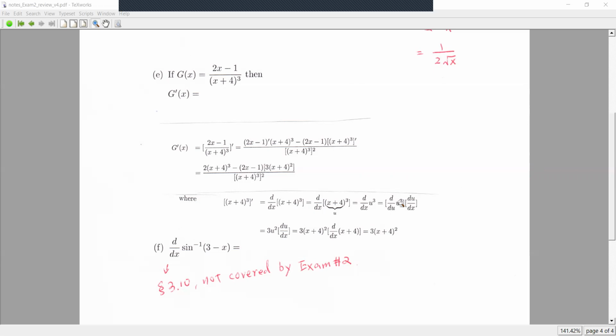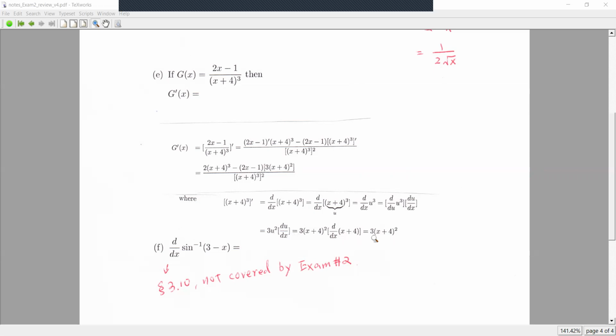The derivative of u to the third with respect to u is 3u squared. Now, plug in x plus 4 for u here, then I have this equation. The derivative of x plus 4 with respect to x is 1.